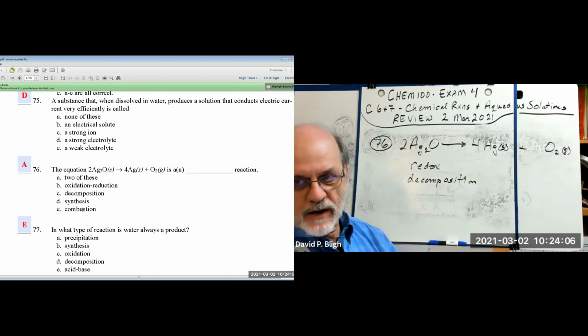Now we write the net. Copper, 2 plus, aqueous, plus 2 hydroxyls, aqueous, yields copper hydroxide solid. Okay? That's the net ionic equation.